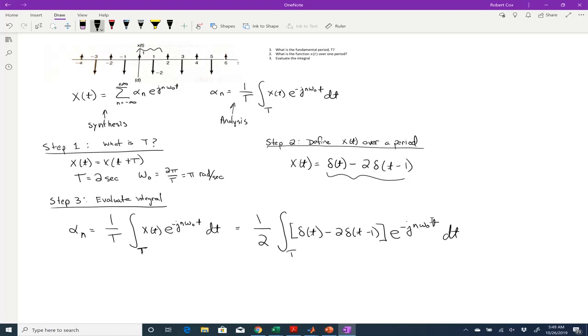Now let's get to what the limits of the integration should be. Let's say, for the sake of argument, you chose one period beginning at 0 and going to 2.